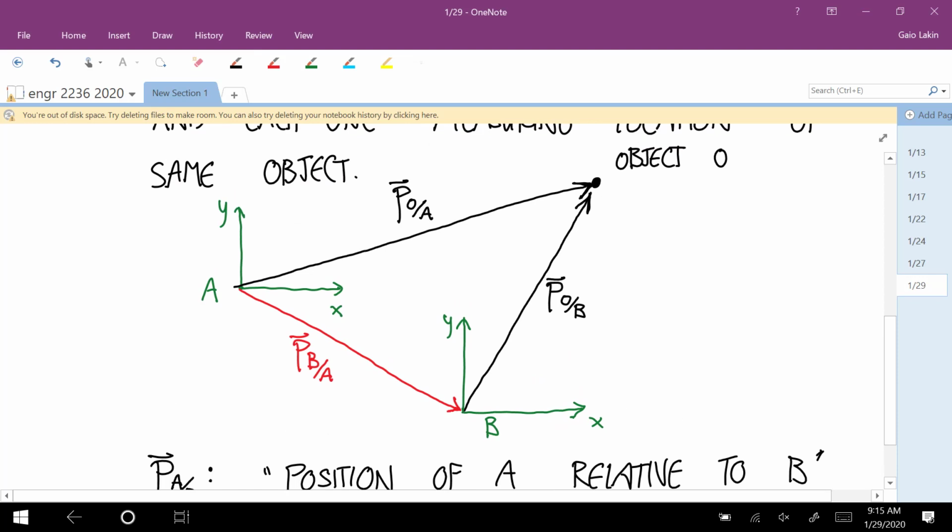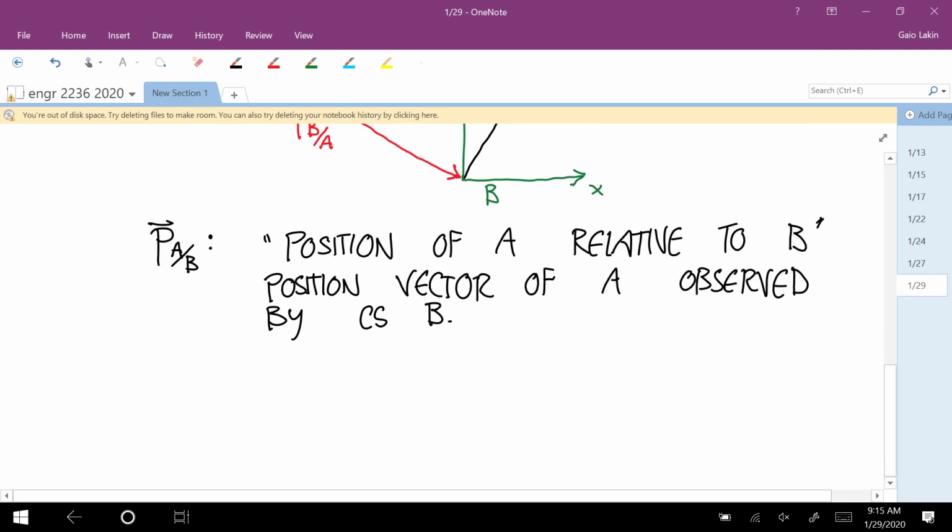Well, look at this combination, so we have these three position vectors. And by the rules of vector addition, you can come up with a relationship between these position vectors. You can see by the directions of the vectors that the position of O relative to A is equal to the position of B relative to A plus the position of O relative to B. Okay, you see that in the vector addition.